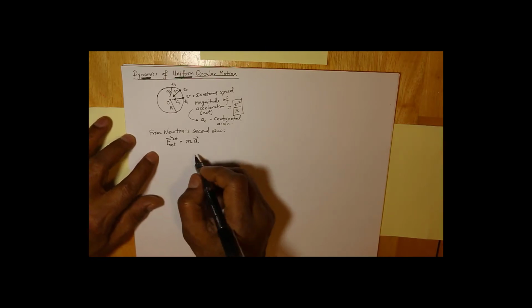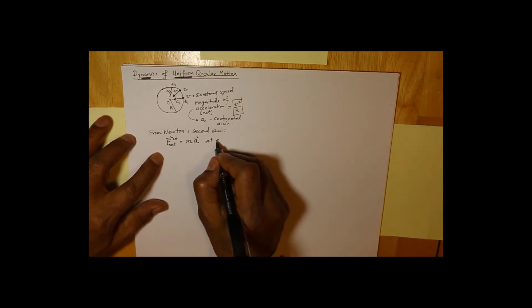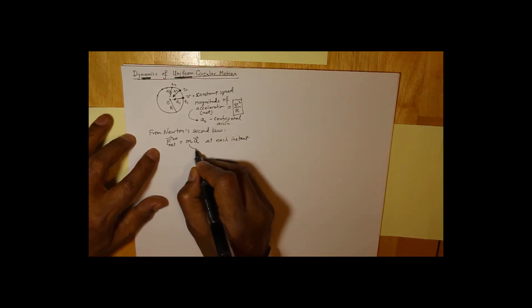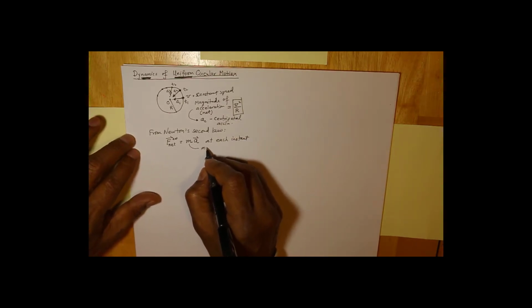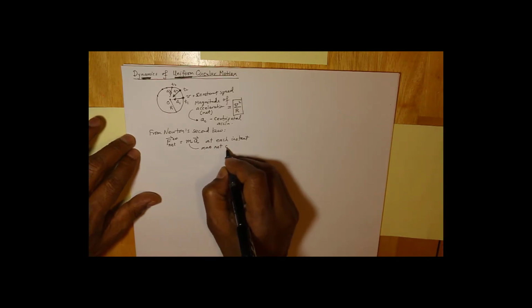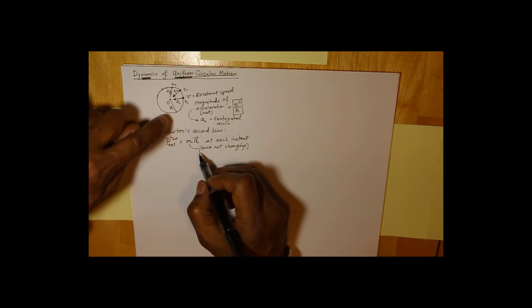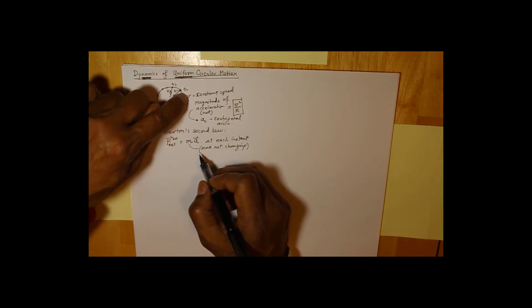So this is the law at each instant. And this is the law for mass fixed, mass not changing. So suppose we are studying the motion of a car around a circle, the mass of the car is fixed.